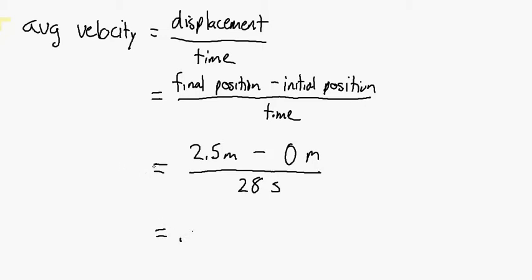We can see from the units that we had meters on top and seconds on bottom, so we'll end up with meters per second, which is a reasonable unit for velocity. We can also see that we end up with a positive result, and so this is telling us that overall, on average, we are going forward at some rate, and it seems to be a pretty slow rate based on what we've shown here. So that will take us through our average velocity calculation.